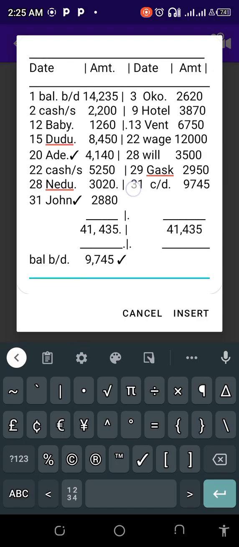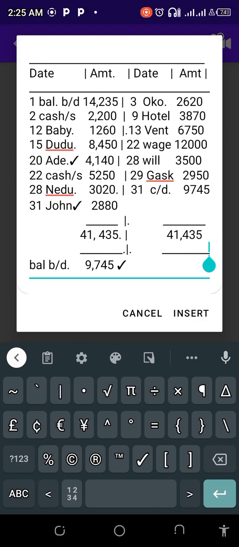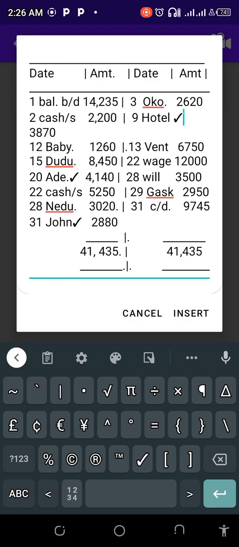It has been issued, but it has not been presented to the bank. So this one, that is Hotel, which is 3,870, is the first unpresented check.